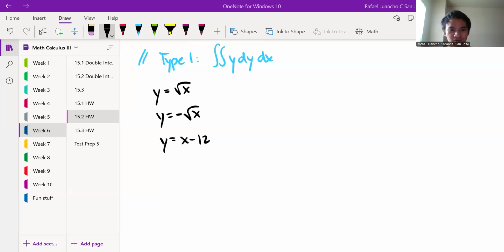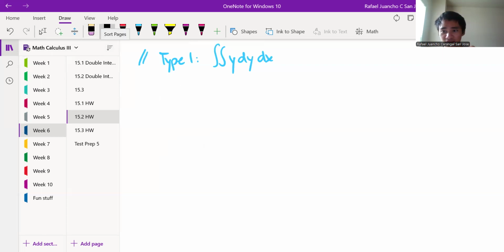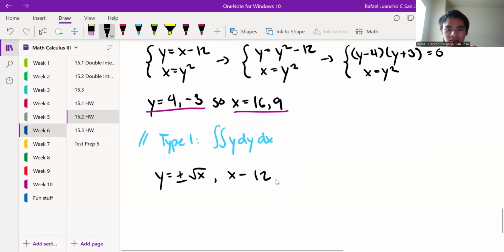So if we want this type, then we have to have y in terms of x. So here our y is going to be plus minus square root of x. But then y is also going to be x minus 12, right?